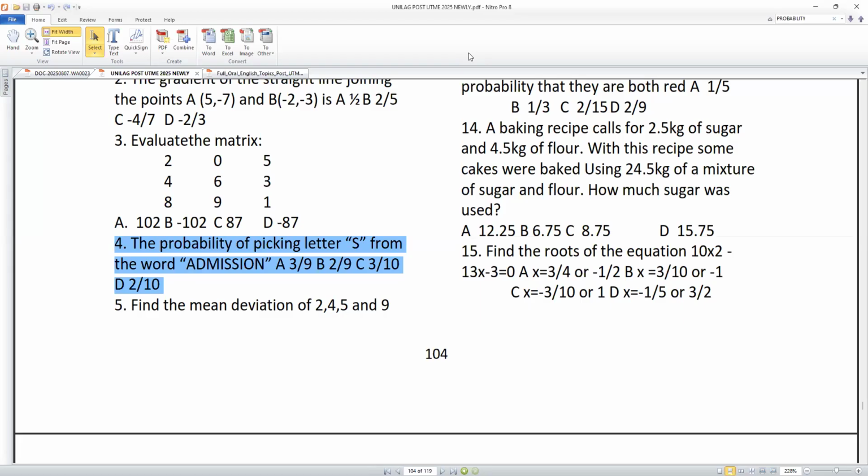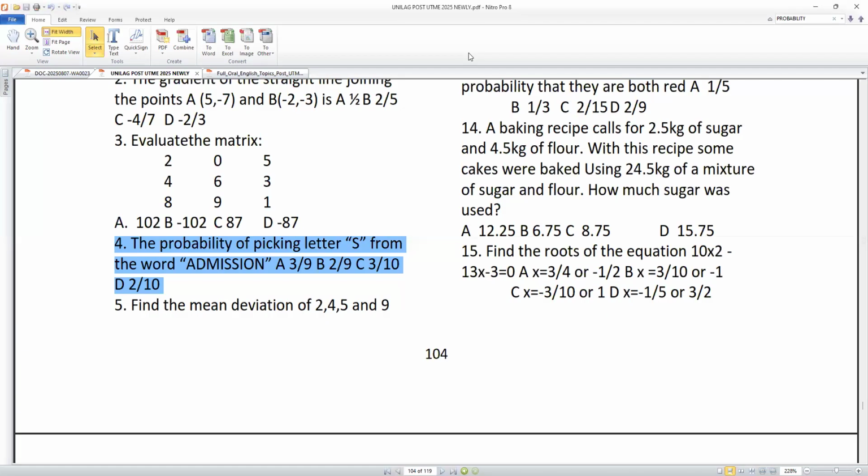From the word admission. Probability of picking letter S from the word admission is what?